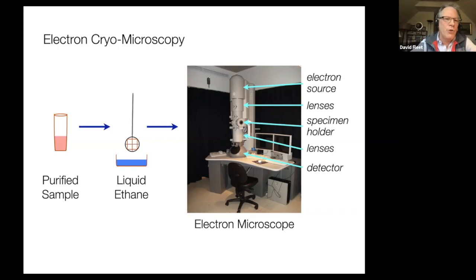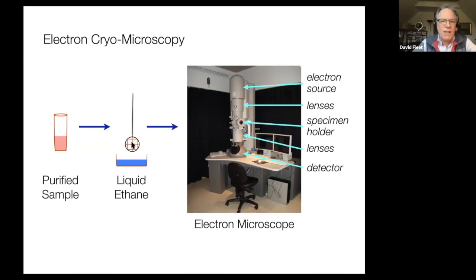And this is where a new technique called cryo-electron microscopy came into being. And the basis of cryo-EM, or electron cryomicroscopy, it works like this. You first purify the protein in solution. Typically the biochemists do this, they are able to purify the protein in typically a water-based solution.